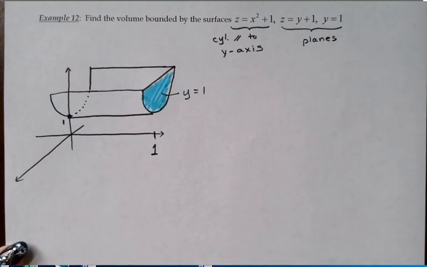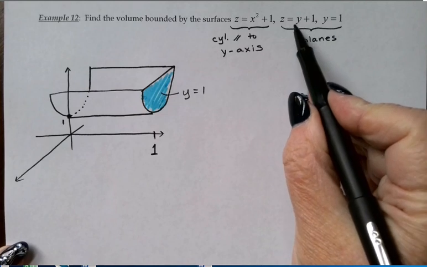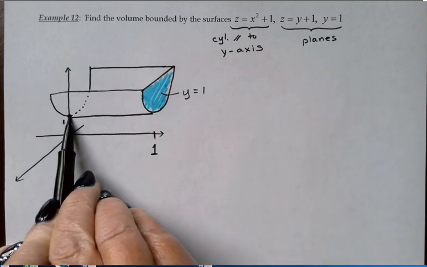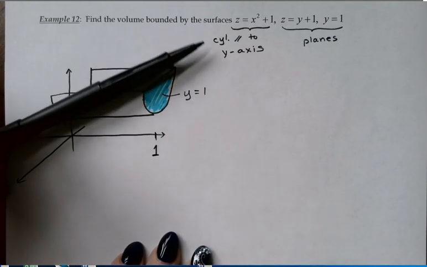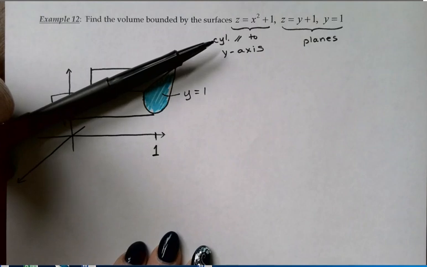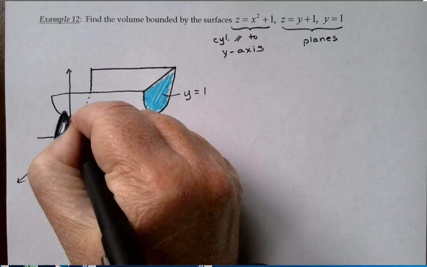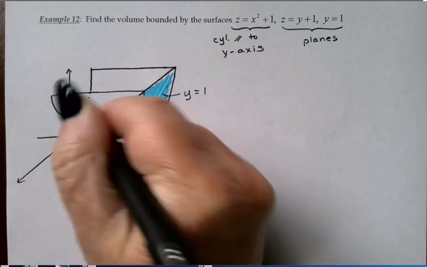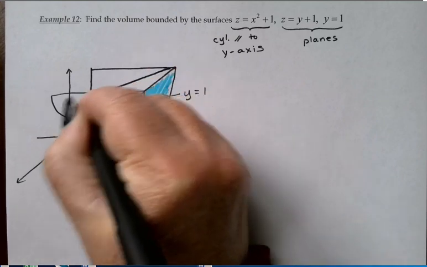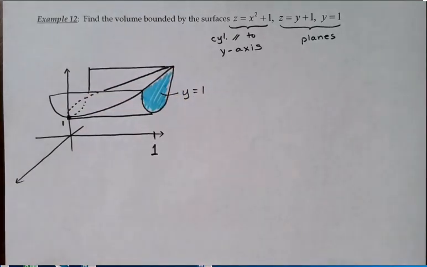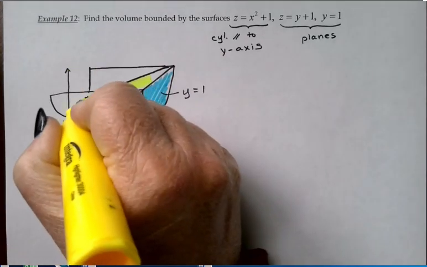The z equals y plus 1, that's going to be a plane parallel to the x-axis. Y plus 1 is going to have a z-intercept of 1, so it's going to start at the same point here. And then it's just going to lay a slanted plane, almost like a lid, a slanted lid on this thing. As it cuts through, it'll curve right along with our surface, creating kind of a slanted parabola as a top.